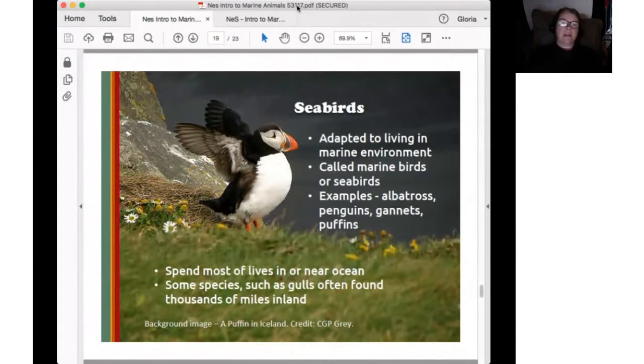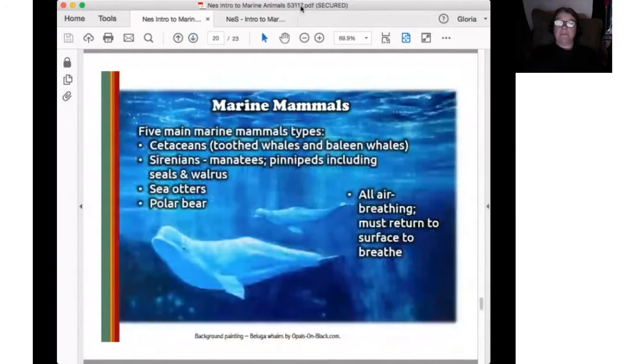Okay, our next slide here. Marine mammals. This is a lot of people's favorite, because whales and dolphins are in this group. The five main marine mammal types are cetaceans, which includes whales, dolphins, and porpoises, with toothed whales and baleen whales in this group; sirenians, such as manatees; pinnipeds, like your walruses and seals; and sea otters and polar bears are also included.